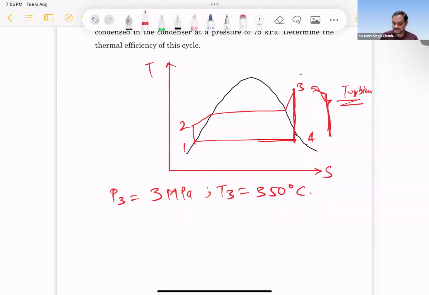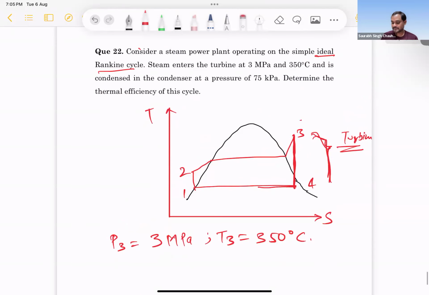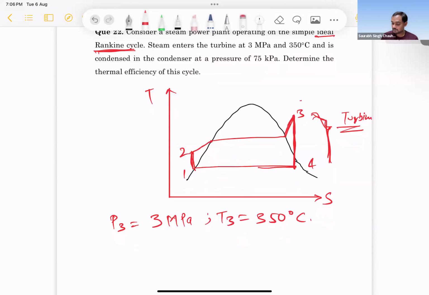As we did in the previous question, the expansion process in the turbine is isentropic, as it was given in the question, and here also it is an ideal Rankine cycle. So all the processes are ideal, and ideal expansion process means isentropic process. So at point 3 we can find the entropy from the steam tables, and then we will have two variables at point 4 as well, entropy and pressure.